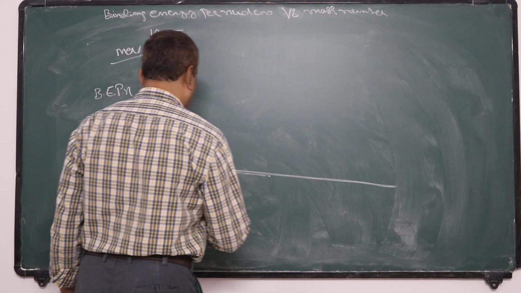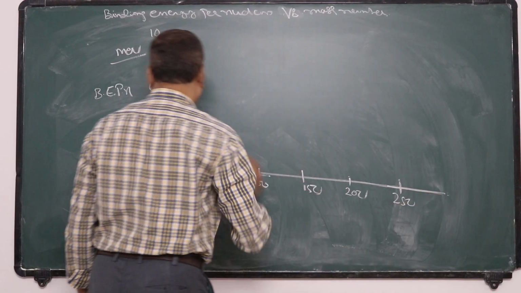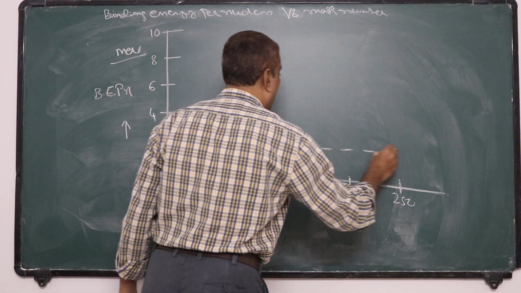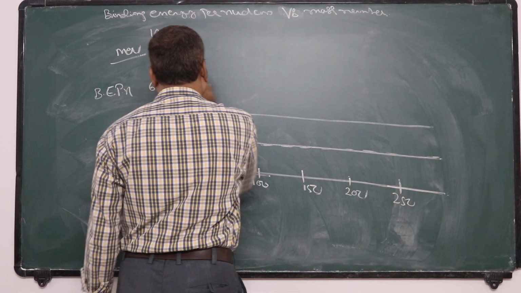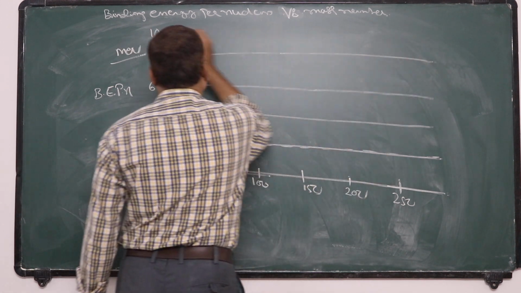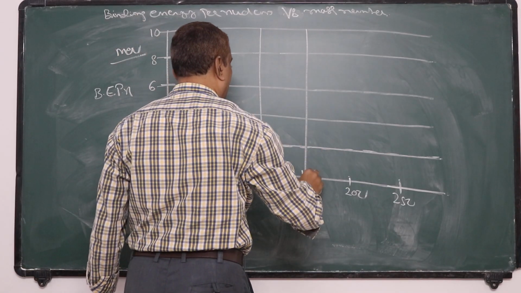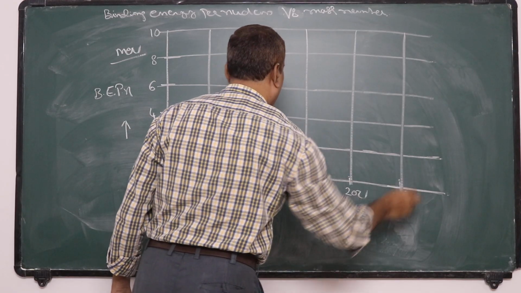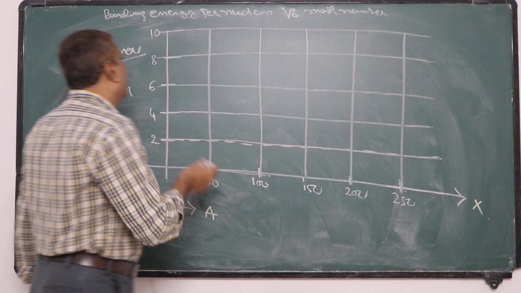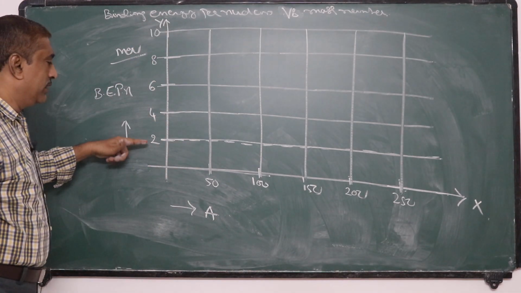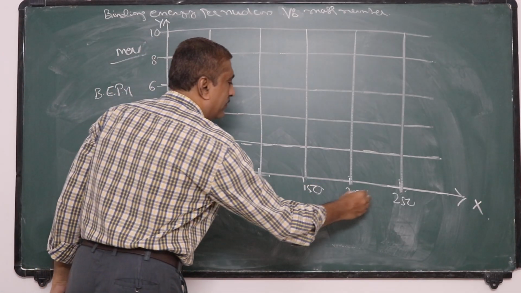Here we take 50, 100, 150, 200, 250 for the mass number, and for binding energy per nucleon 2, 4, 6, 10, indicating million electron volt.